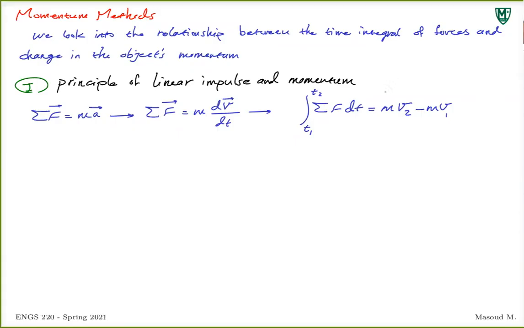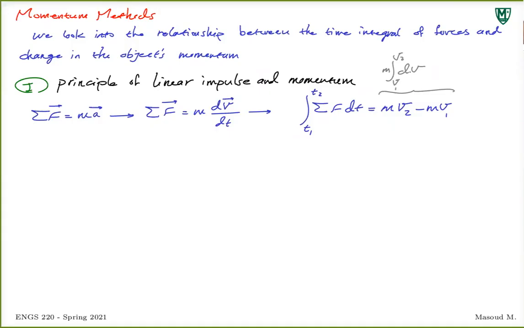So this is m times the integral of dv from v1 to v2. Just calculate that integral. m is constant in our case. We're not going to deal with systems whose mass is changing. We're not dealing with any fluid flow.